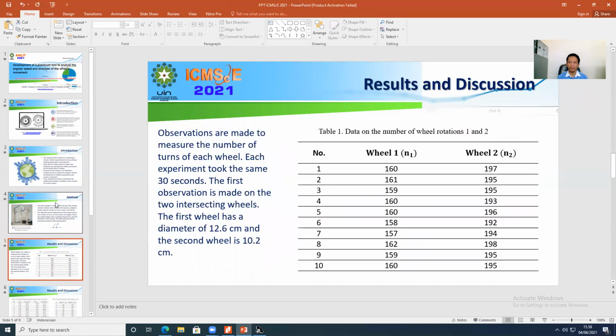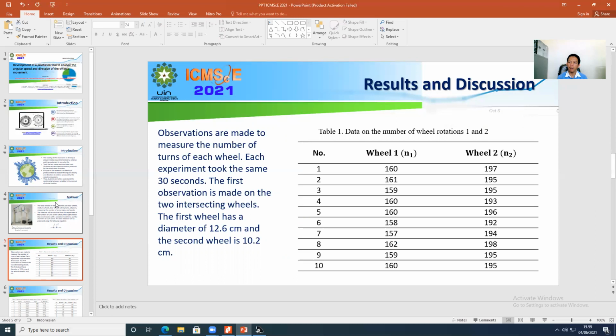The results and discussion part. Observations are made by measuring the number of turns of each wheel. The experiment took the same 30 seconds. The first observation is made on the two intersecting wheels. The first wheel has a diameter of 12.6 centimeters, and the second wheel is 10.2 centimeters.